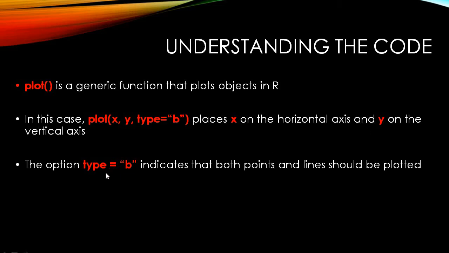This option type b indicates that both points and lines should be plotted. That is to say, I'm not just focusing on the points. The moment I put plot, the plot function can produce a scatter plot as well. So to avoid that, I have to mention this type b, which means I need both the points as well as the line joining them. So let's go to the R software and see how to build them.